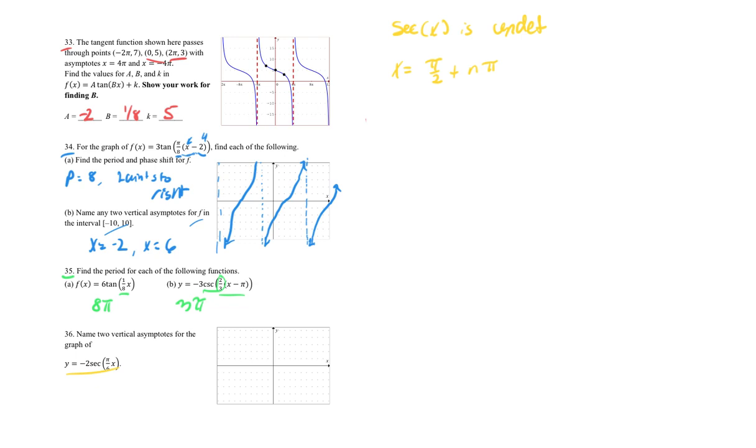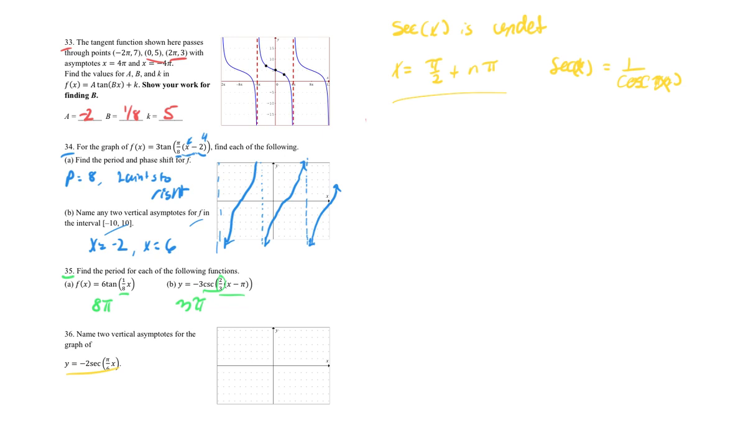This is because the secant is also defined as 1 over cosine of x, and cosine is 0 when x is pi halves, 3 pi halves, negative pi halves, all of those values of x. So then you would get a 1 divided by 0, which is undefined.